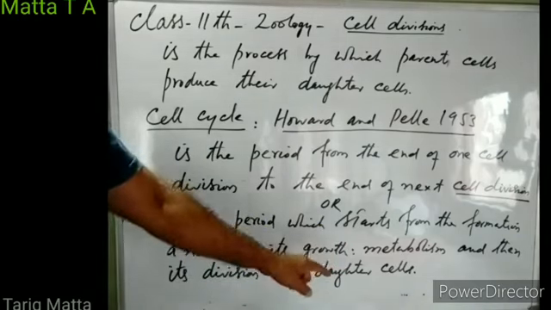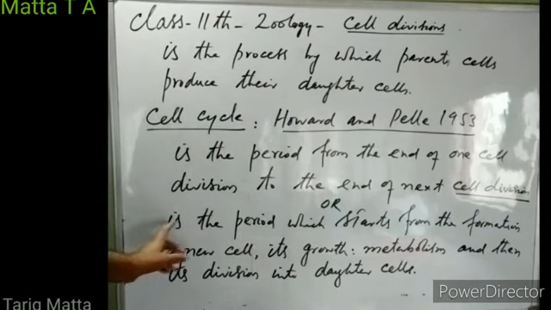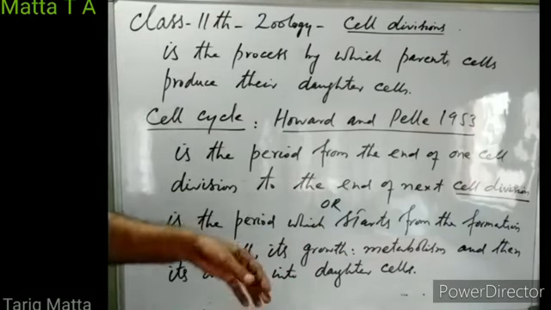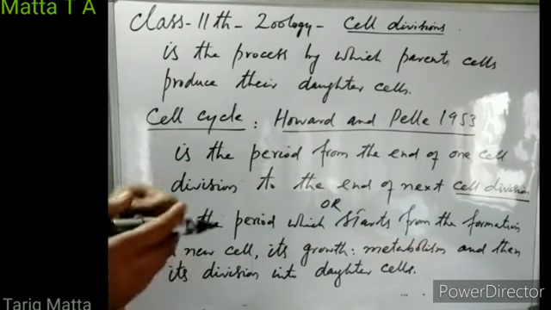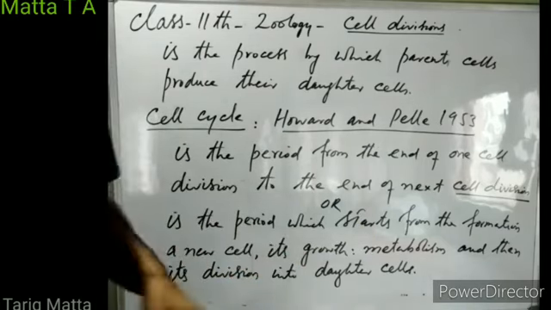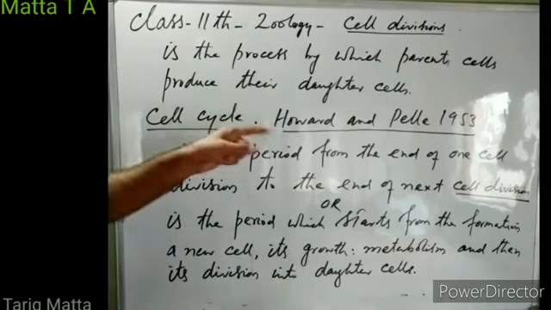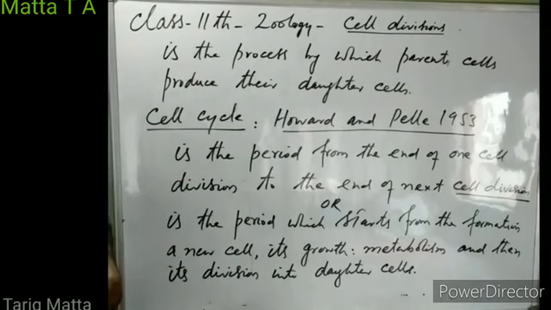This period, from the formation of the new cell till it divides into daughter cells, is known as the cell cycle. This cell cycle was first worked out by Howard and Pillay in 1953.